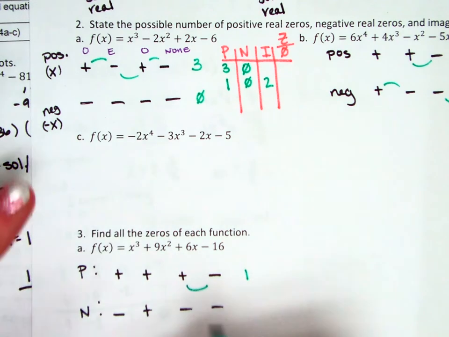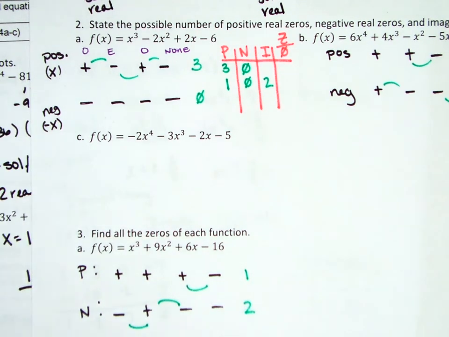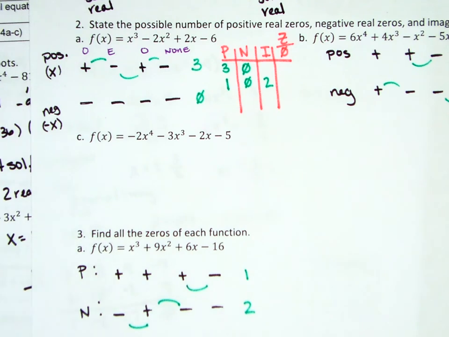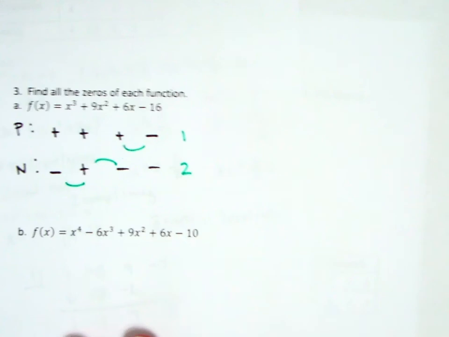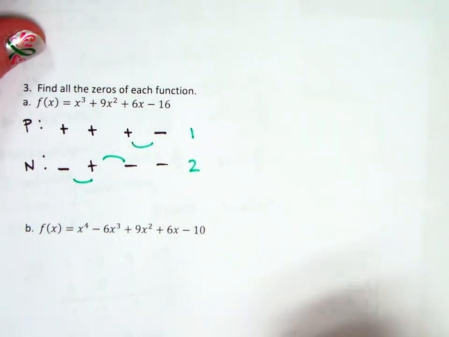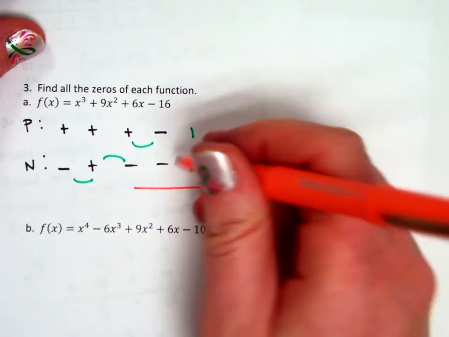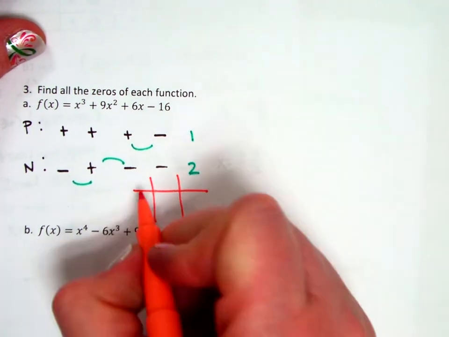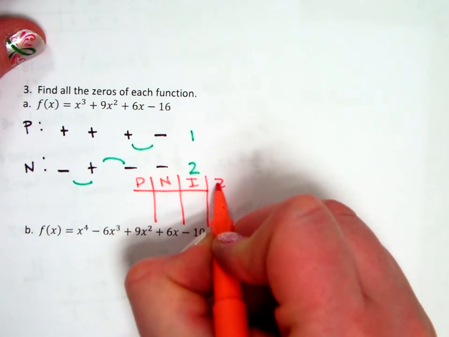So now I have 1, 2. So to do this, I am doing this on number 3 instead of C. I am so sorry. Well, this helps either way, because that will help me here in about 2 seconds. So, with that, positive, negative, imaginary, and 0.